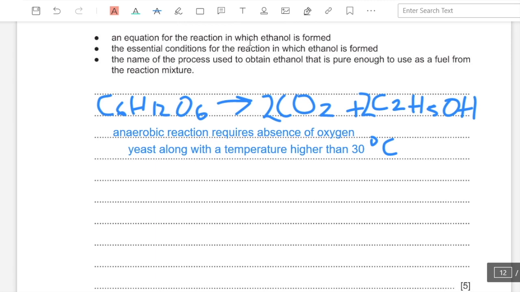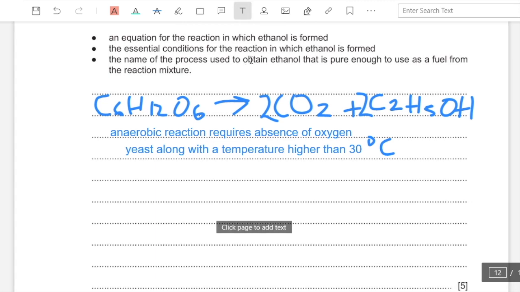So these are the 3 requirements, and now name the process used to obtain ethanol that is pure enough to use as a fuel from the reaction mixture. So ethanol formed and the reaction mixture are both in liquid form, and that means separating liquid from liquid requires the process of fractional distillation.